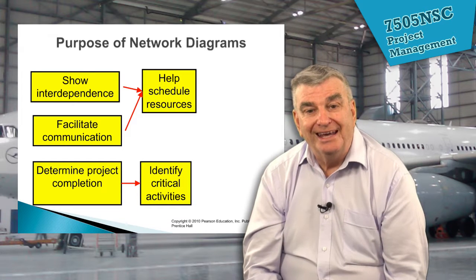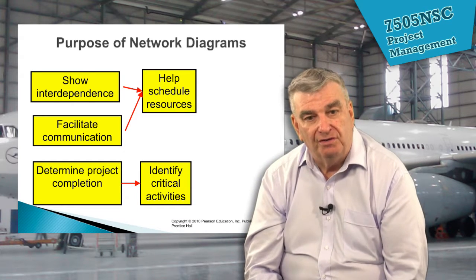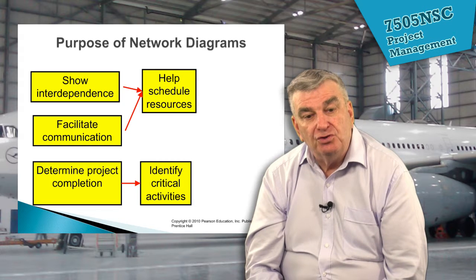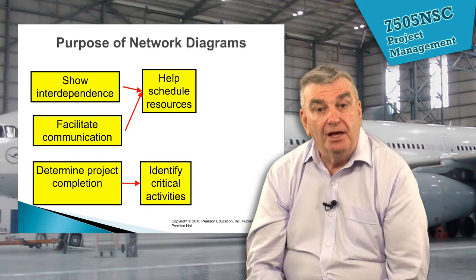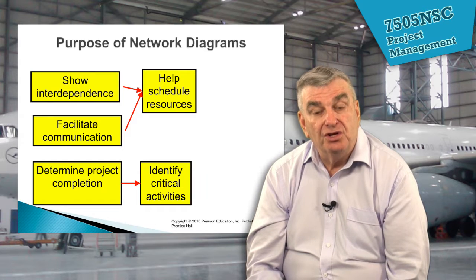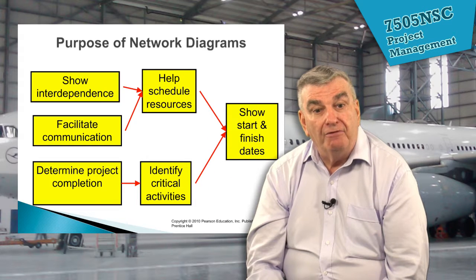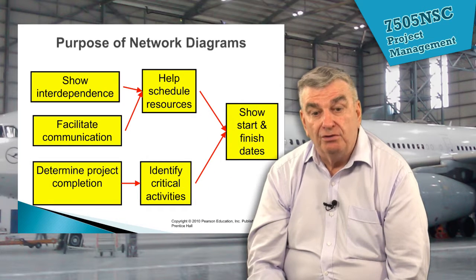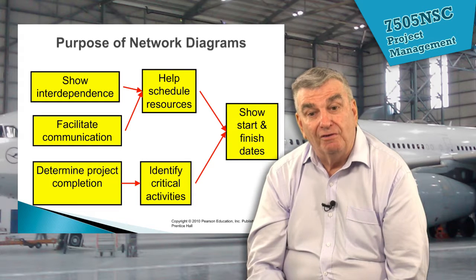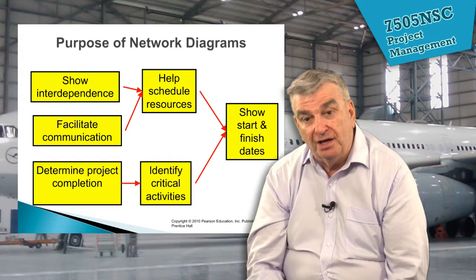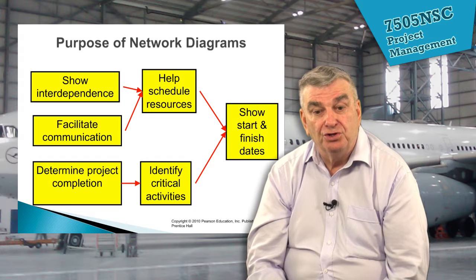And most importantly, it identifies the critical activities, that is, those activities where if they actually increase in time to complete them, it extends the time for completion for the whole project itself. And finally, of course, the diagrams show the start date and the finish dates. Two important things in the definition of a project and two important dates of vital importance to the project manager.